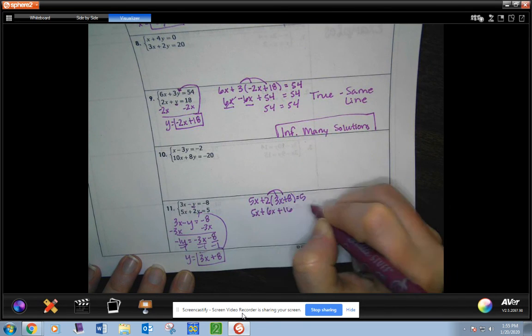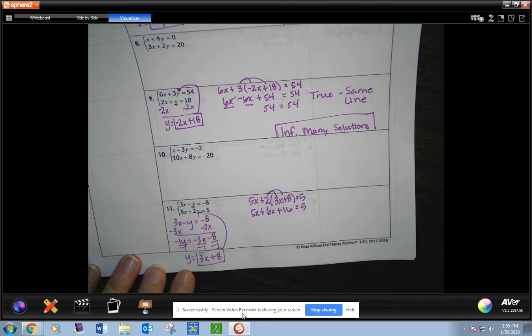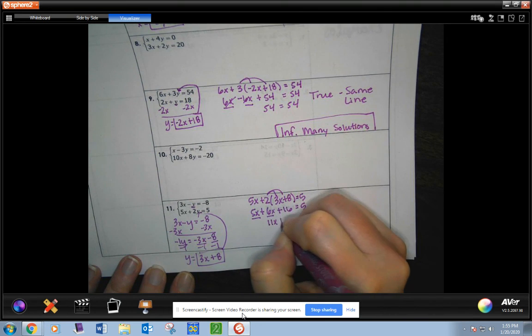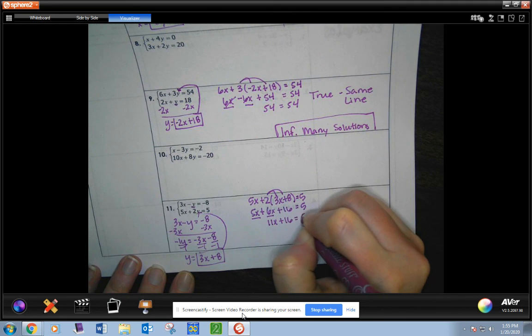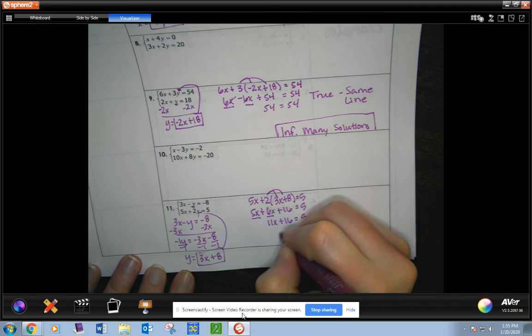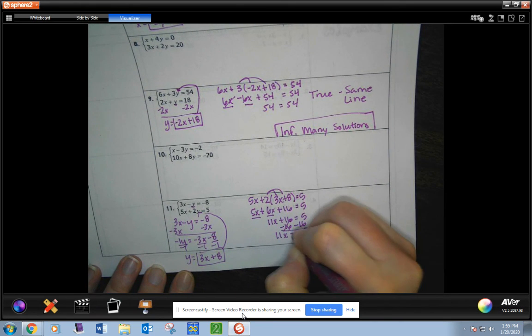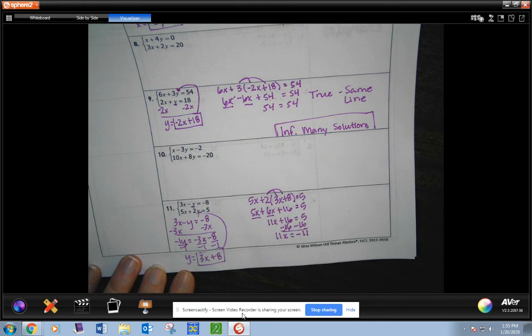Bring down the 5x plus, and bring down the equals 5. Now we're going to combine like terms, so 5 and 6 make an 11x plus 16 equals 5. We're going to minus 16. That gives me 11x equals negative 11.